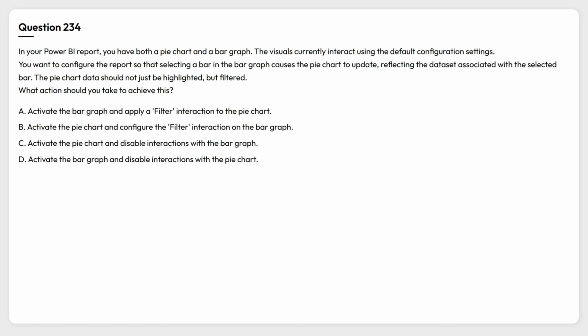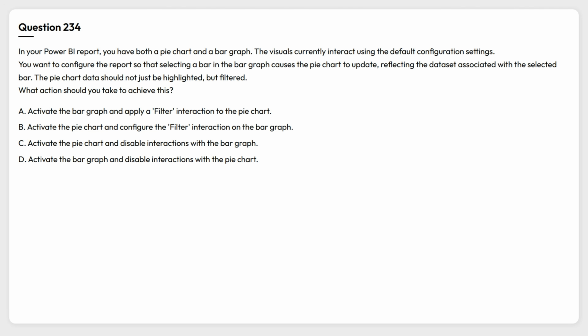The pie chart data should not just be highlighted, but filtered. What action should you take to achieve this? Option A. Activate the bar graph and apply a filter interaction to the pie chart.